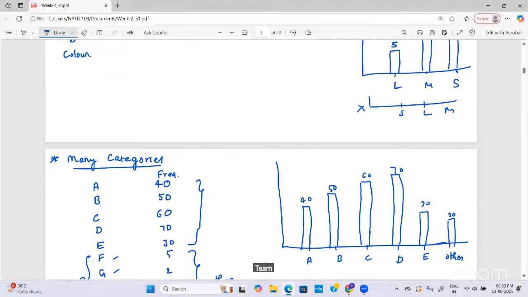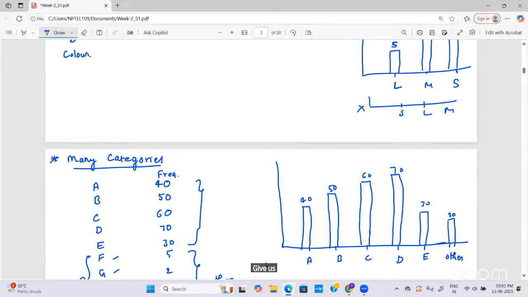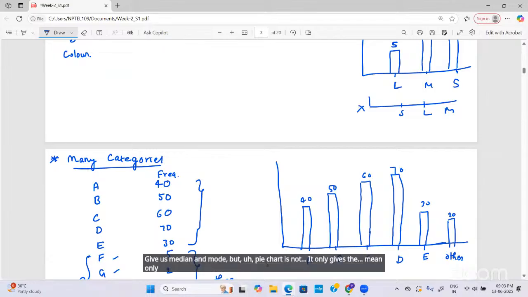Ma'am, when I was watching the lecture, sir said that a bar chart gives us the median and mode, but a pie chart does not. It only gives the mean or something. Can you explain this?